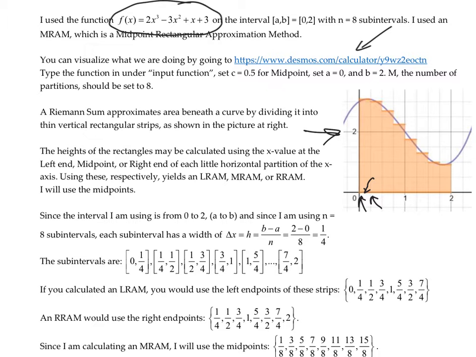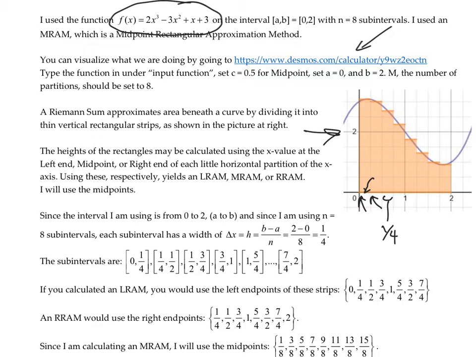Since the interval I'm using goes from 0 to 2, and since I'm using n equals 8 subintervals, the width of each rectangle is 2 minus 0 over 8, or 1/4. The subintervals are from 0 to a quarter to a half to 3/4, etc., all the way up to 7/4 to 2.